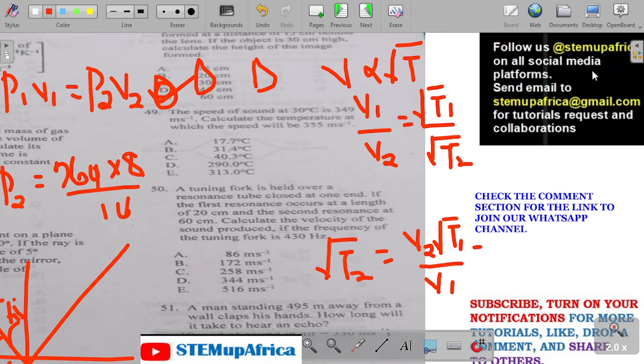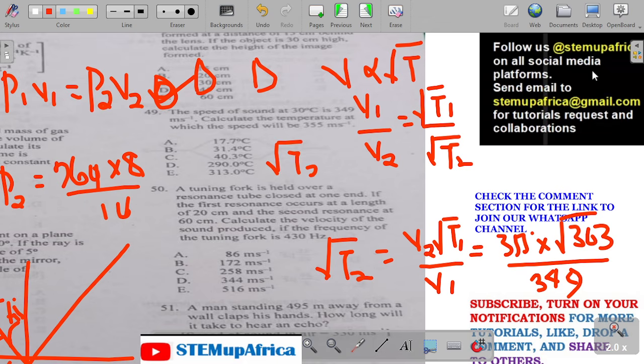So 355 times the square root of 303 divided by 349. 273 plus 35 is 303. That will give me 17.7.